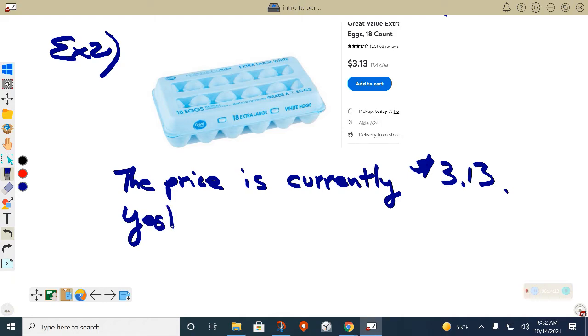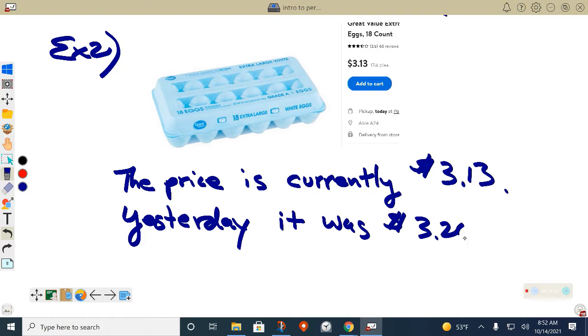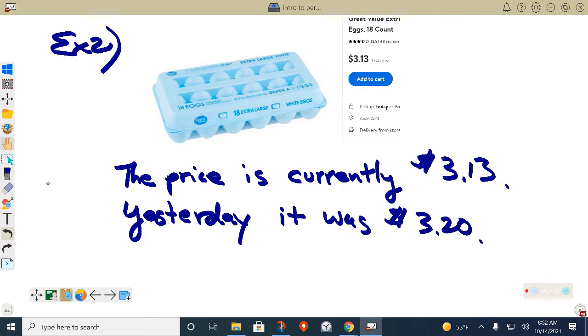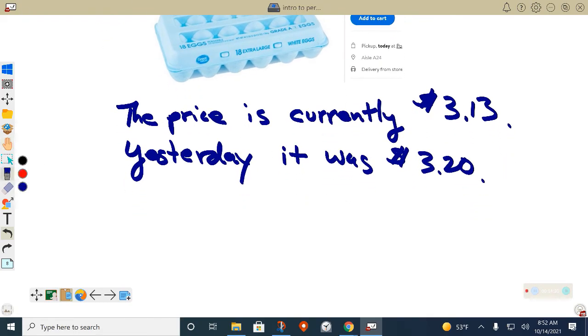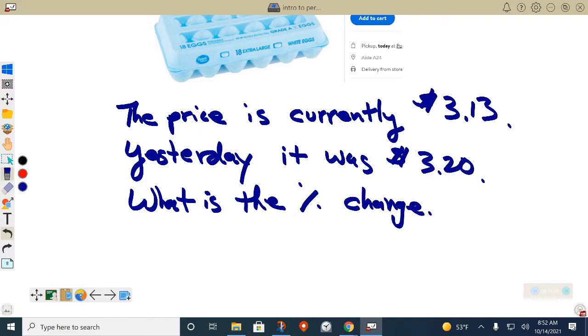Yesterday, it was $3.20. What is the percent change in the price of eggs?